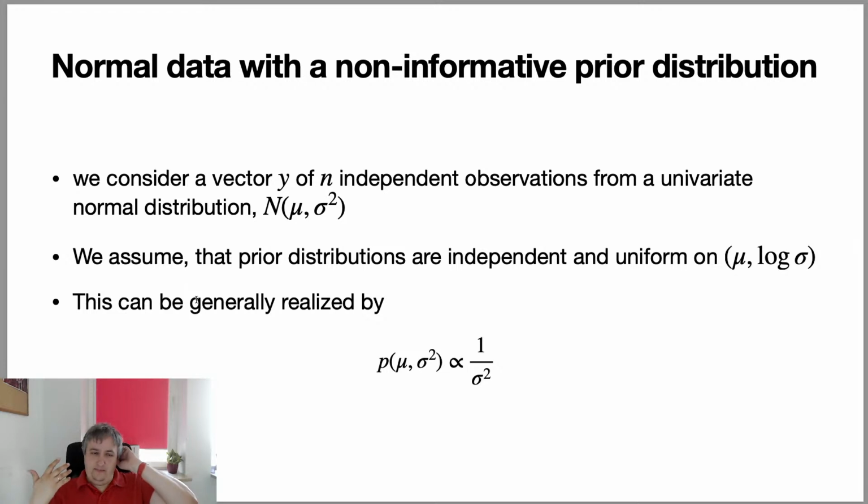That's why the best option for that is to assign a uniform prior on the logarithm of standard deviation, because in that case we know that there is a complete possible spread of multiple orders of magnitude, which generally gives us a joint prior for mean and the square of standard deviation of the probability distribution as proportional to 1 over sigma squared.